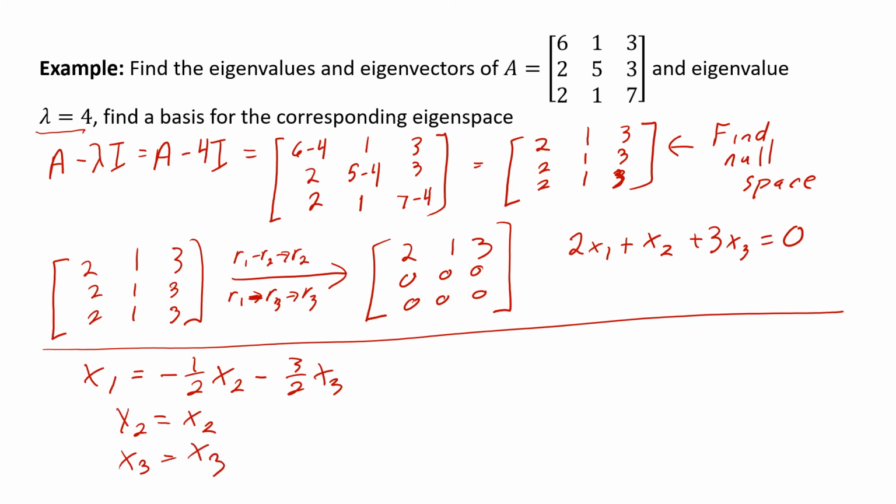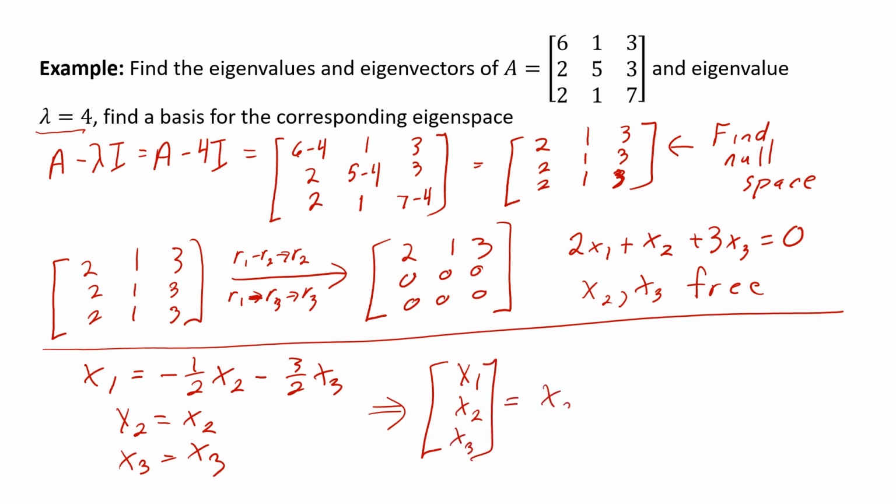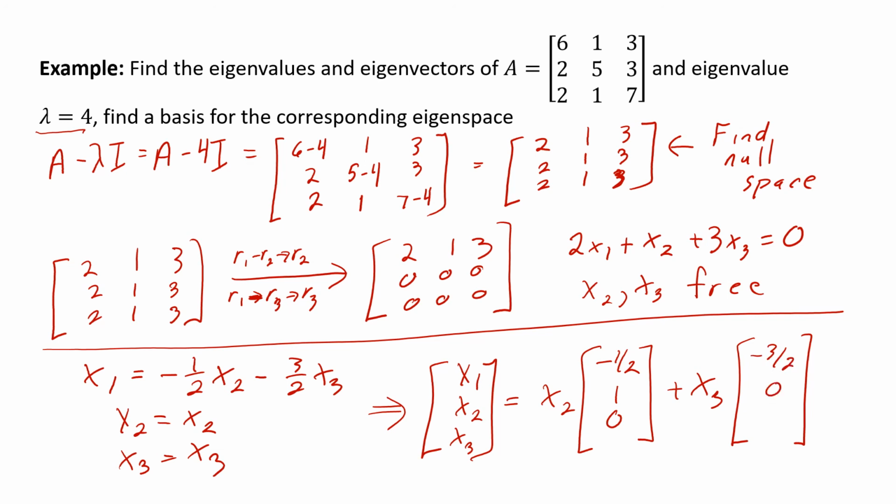Those are my free variables. What does this give me? This tells me that my space, x1, x2, and x3, is equal to x2 times something plus x3 times something. What are those things? Negative 1/2, 1, 0, and negative 3 over 2, 0, 1.